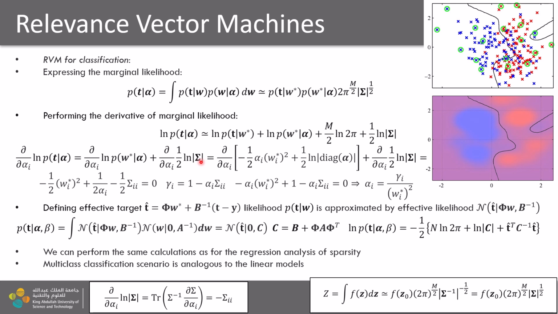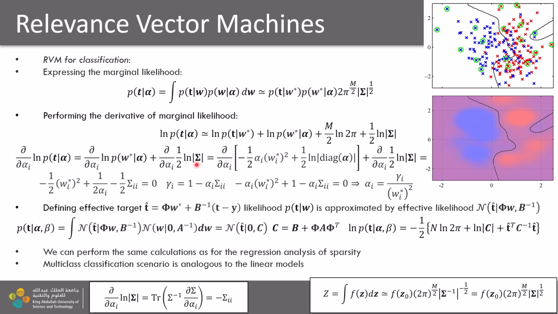So now we will have the diagonal of alpha being the only part which is non-constant in the covariance matrix.